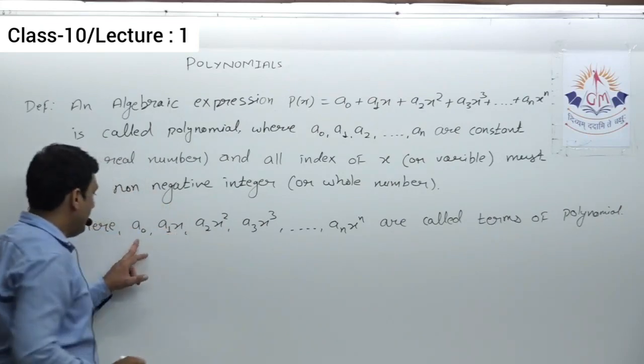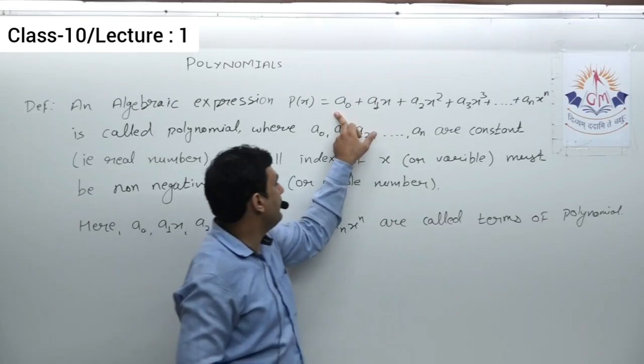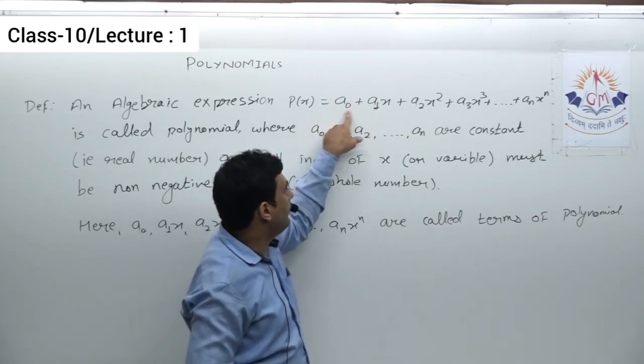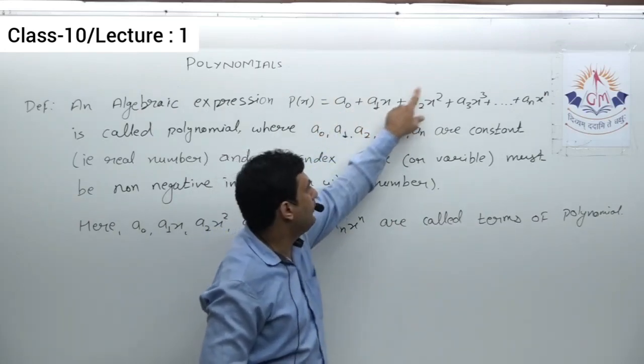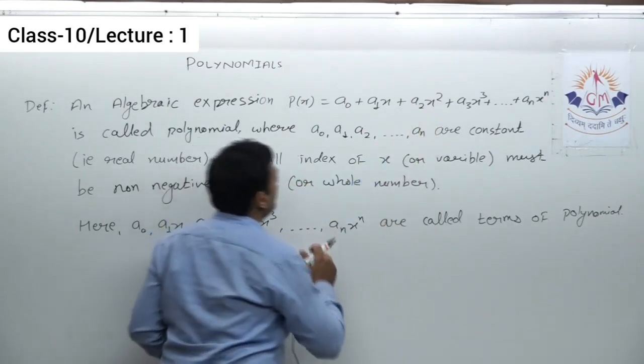Then a0, a1x, a2x square, these are the terms. So here we can say a0 is a term of polynomial, a1x is a term of polynomial, a2x square is a term of polynomial. These are the terms of the polynomial.